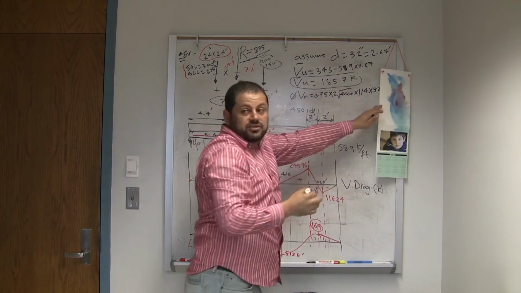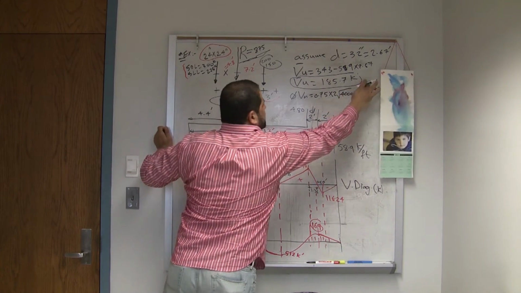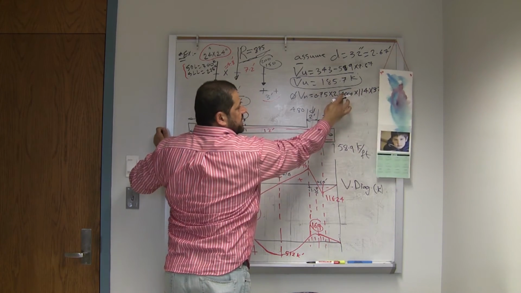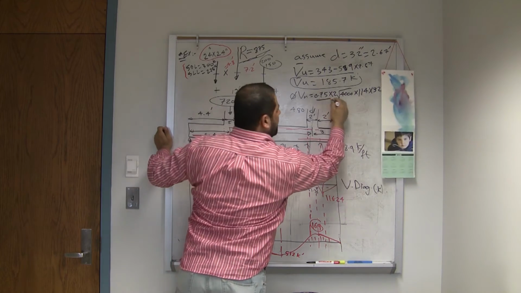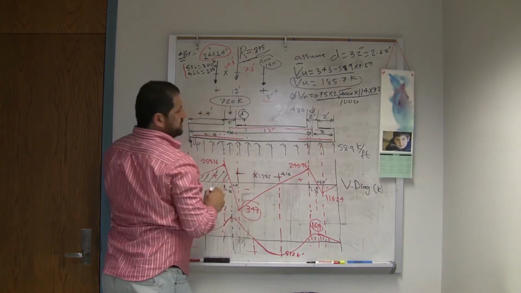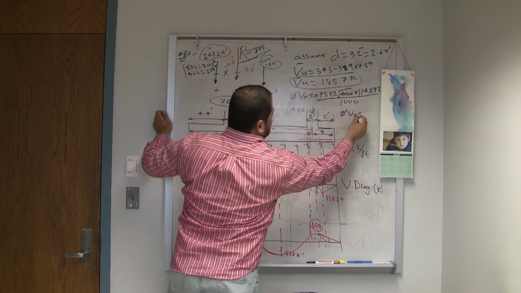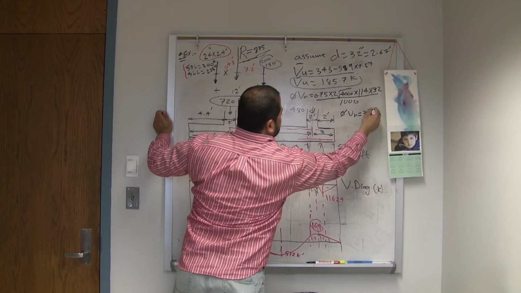We're trying to check if D is good or not. Once you have the square root in PSI, the answer is in pound, so you divide by 1,000 to get it in kip, and compare it with this one. So phi VN equals 346 kip.